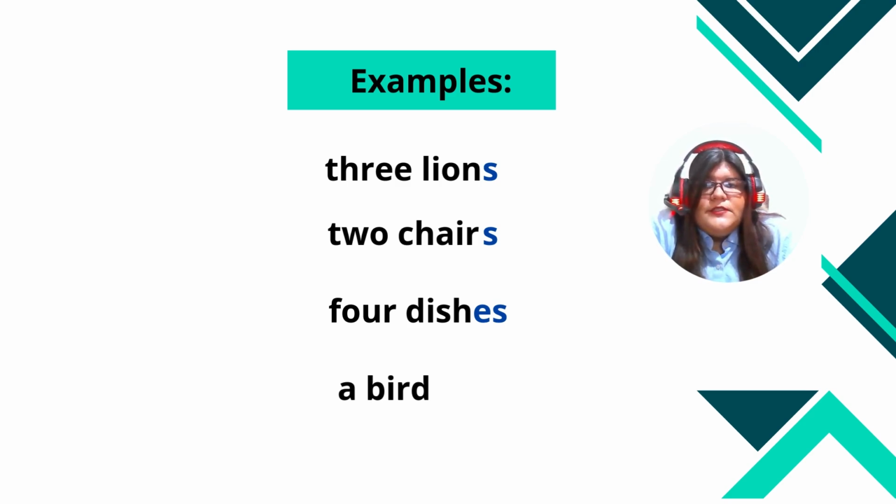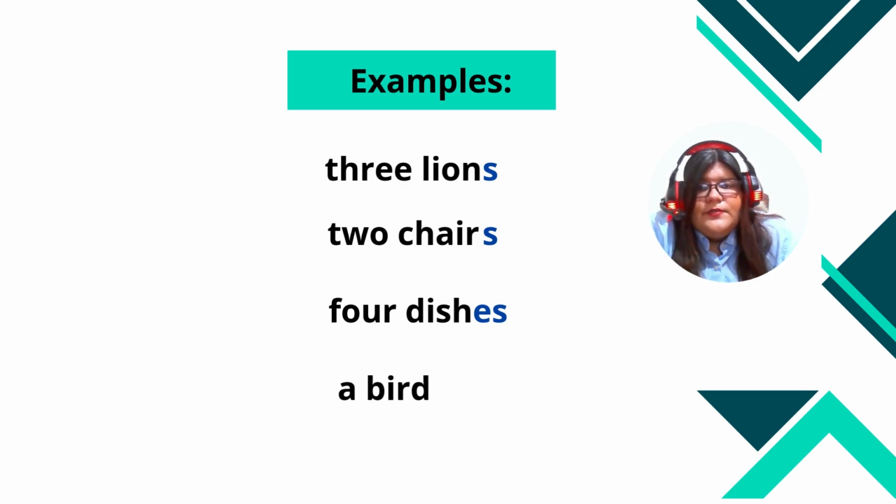Then we have two chairs. We add an s because there is no letter like in the previous rule to add es, right? Then we have four dishes. You see, it ends in sh, so four dishes.